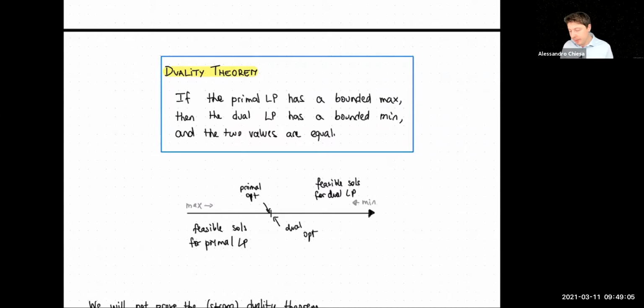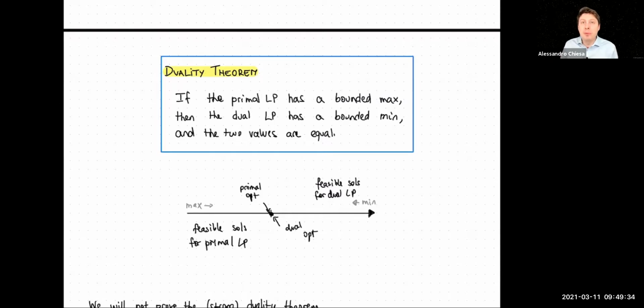And the analogy here is that the value of any flow is bounded from above by the capacity of any cut. And specifically, the maximum flow has the same value as the capacity of the minimum cut. They meet in the middle here, okay? Now, what happens if the primal is unbounded?